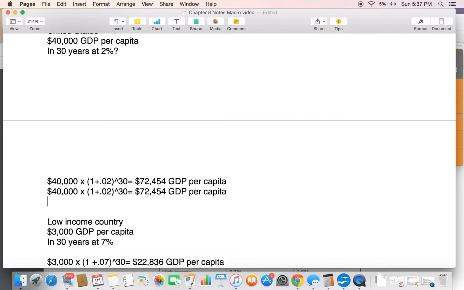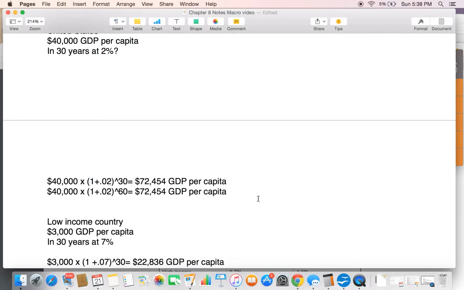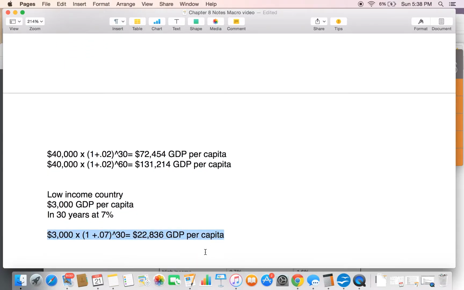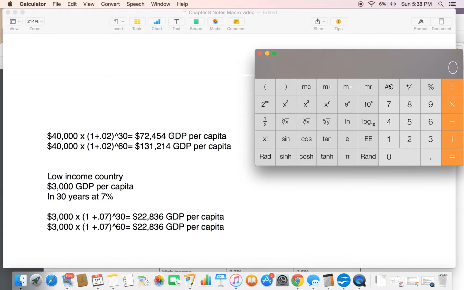Let's look at this and see what happens in 50 years, or 60 years, for example. So we're just doing a comparison between the two countries, one with 2% growth and one with 7% growth, and seeing what happens in 60 years.